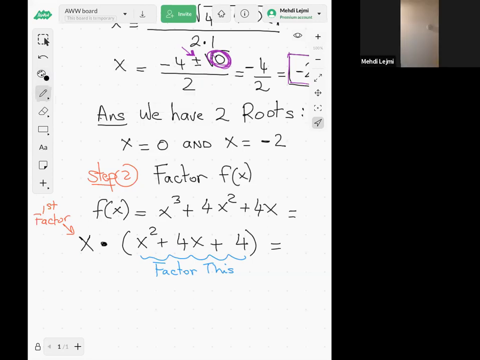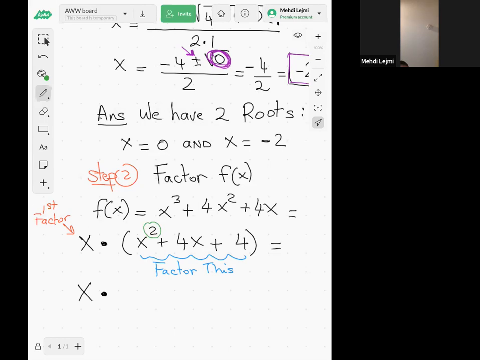But the thing is, here's my x times. The idea is, because it's a square here, right? So we are supposed to have two solutions, if you want to solve x squared plus 4x plus 4 equal to 0.